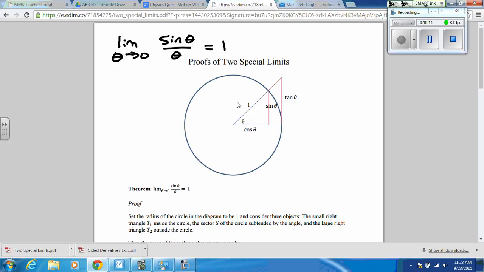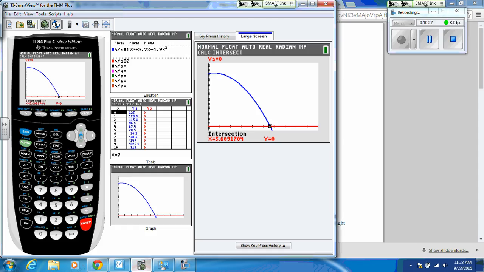However, when I try tracing to get x values, let me actually do this live so you can see it. My calculator, and y equals.